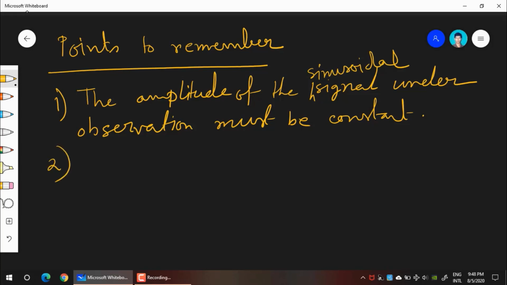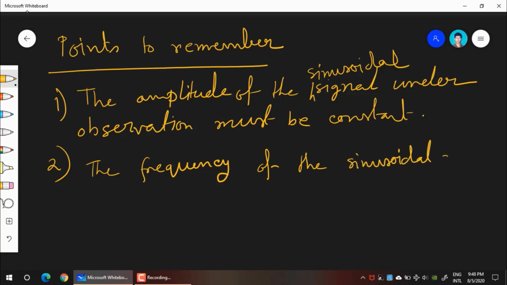And the second point is that the frequency of the sinusoidal signal must be constant.